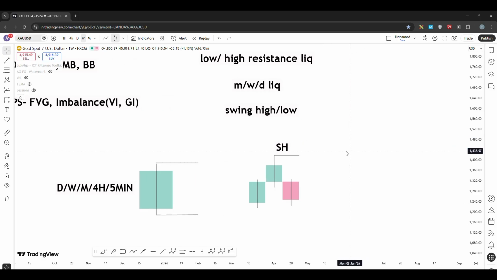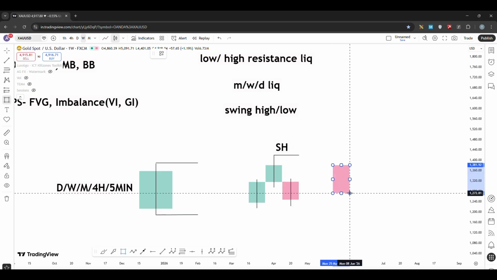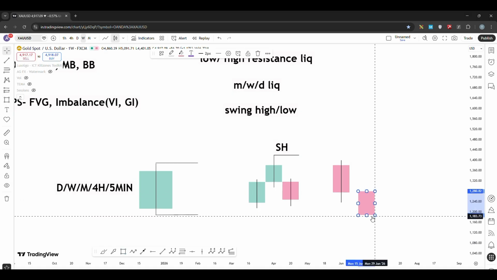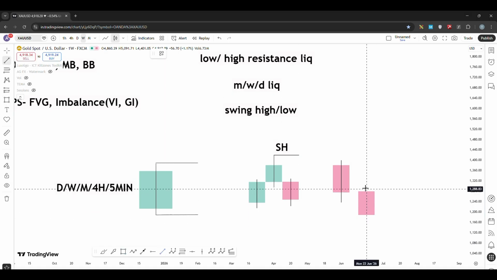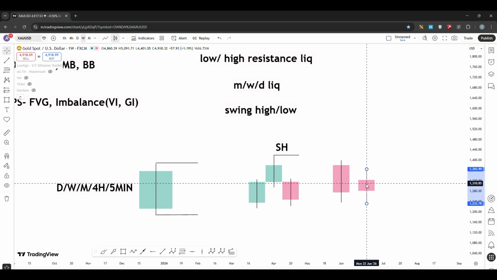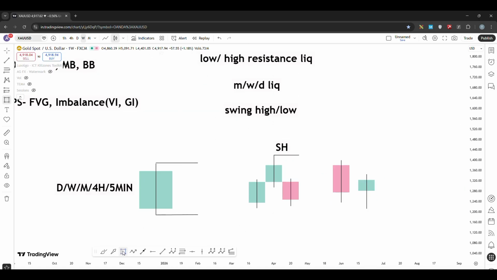The opposite of this is going to be a swing low. Let's say the market is dropping like this. We see a red candle with a wick. Then we see another drop like this, and let's say this is also a red candle. Once again, the color doesn't matter, it can also be a green candle. Let's consider it as a green candle. And we see another candle.